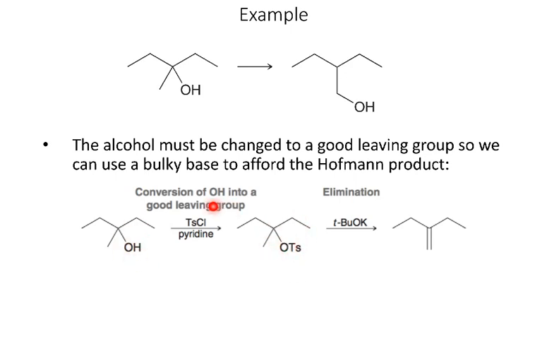So this is a very useful step for converting an OH into a good leaving group. Then, because I want the double bond here, I want the Hofmann product, not the Zaitsev product, we're going to use a bulky base. So our first two steps: we convert the OH into a good leaving group, then we can achieve the elimination by using a bulky base to get the less substituted alkene.